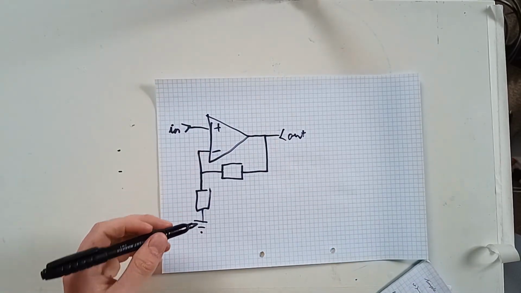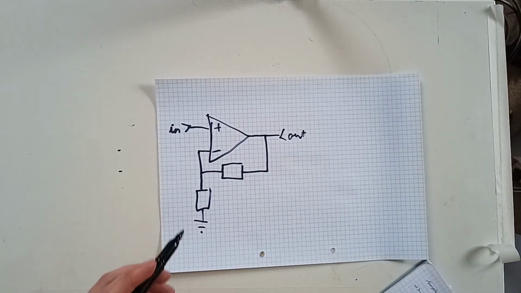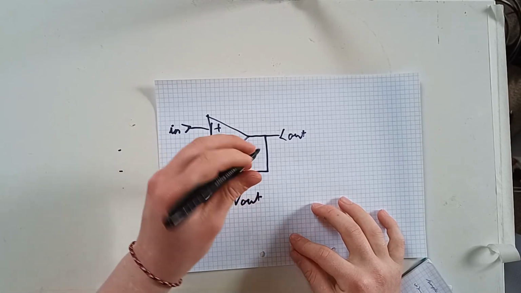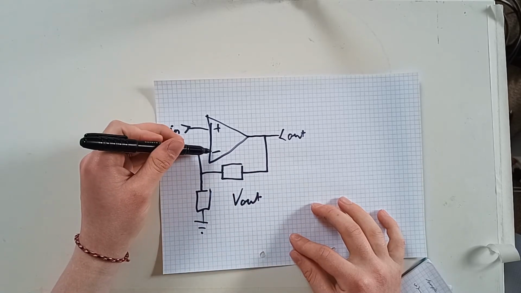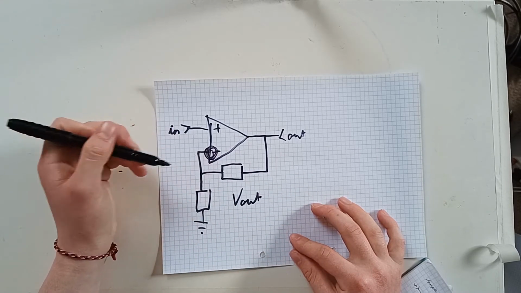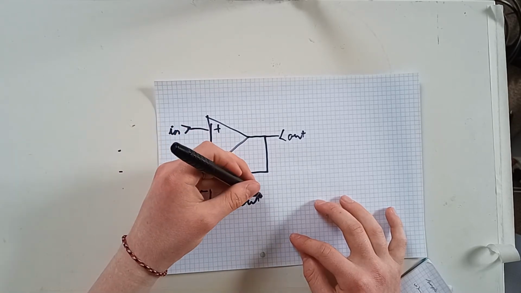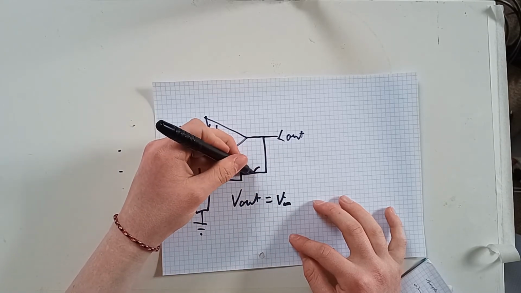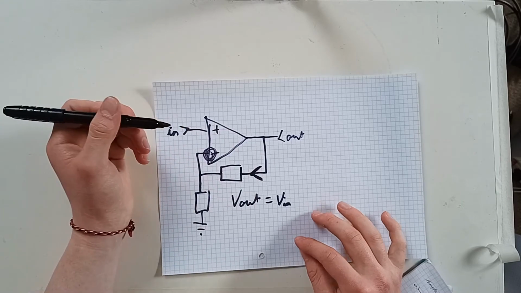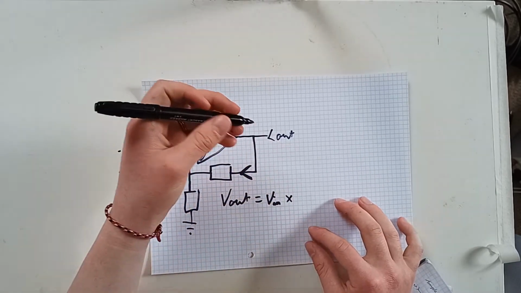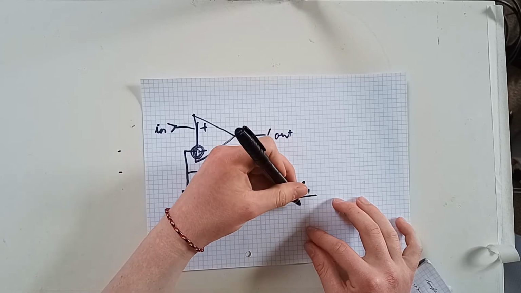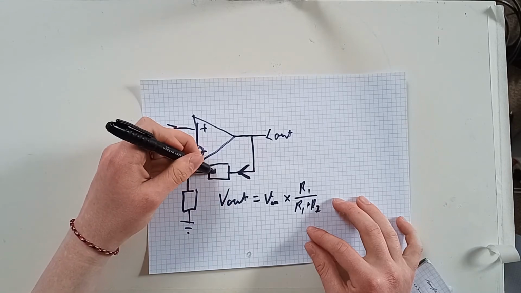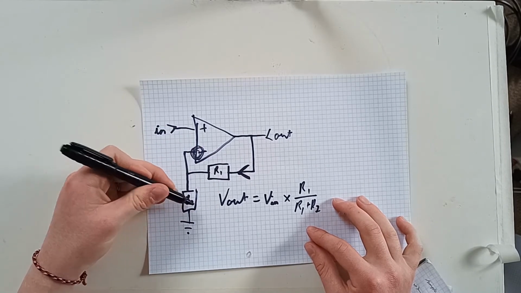And the value of these two resistors sets the gain or the amplification for that actual circuit, where the voltage out, when I say voltage out, I'm referring to the voltage going to this inverting input here, is equal to the voltage in, which is going into this resistor here. So it's coming along this wire into there, times R1 over R1 plus R2. So this is R1, this is R2.